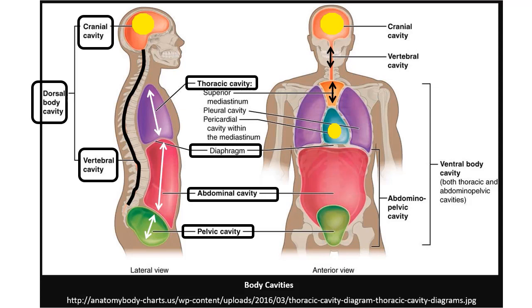This is not a cavity but an area of loose areolar tissue and contains many organs, and below it is the pericardial cavity where the heart is, and then the diaphragm, and we can see the abdominal cavity, the largest of the cavities, and the lowest part of it is the pelvic cavity.